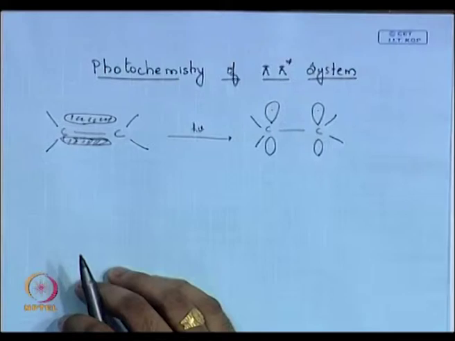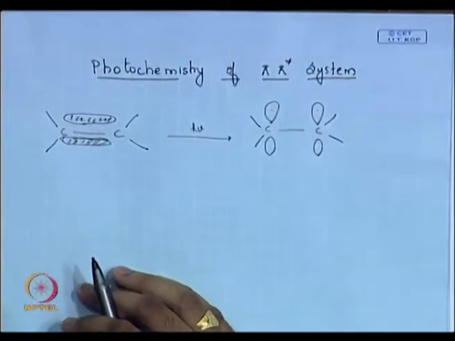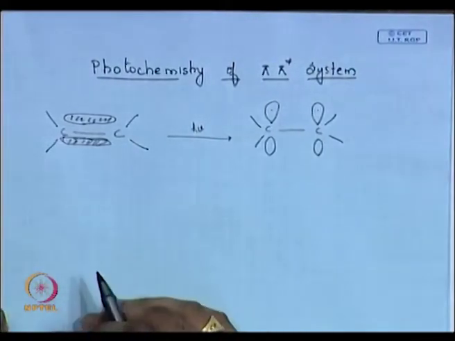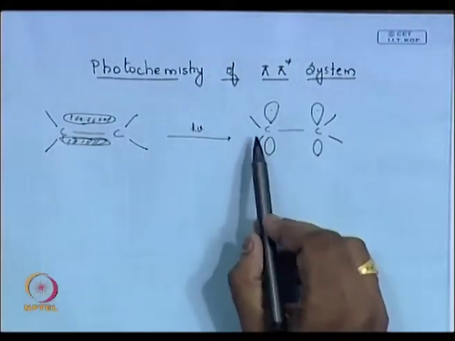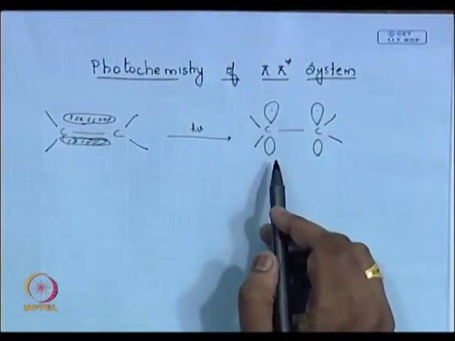Right now, I am not introducing any word singlet or triplet. I am just taking an alkene, I am photolyzing. You get a type of excitation pi star. So, I am saying that this can be a pi star excitation.